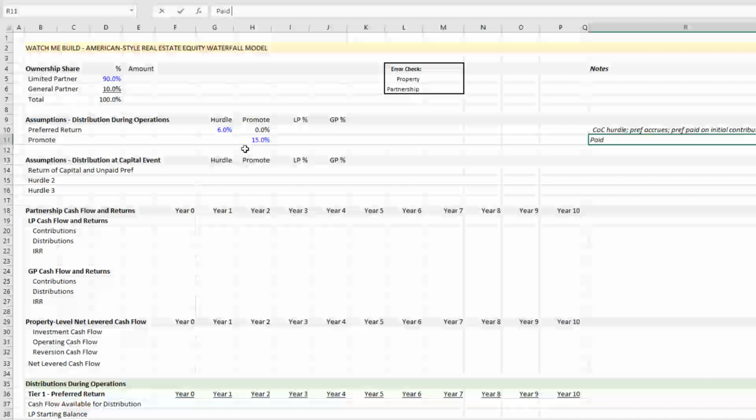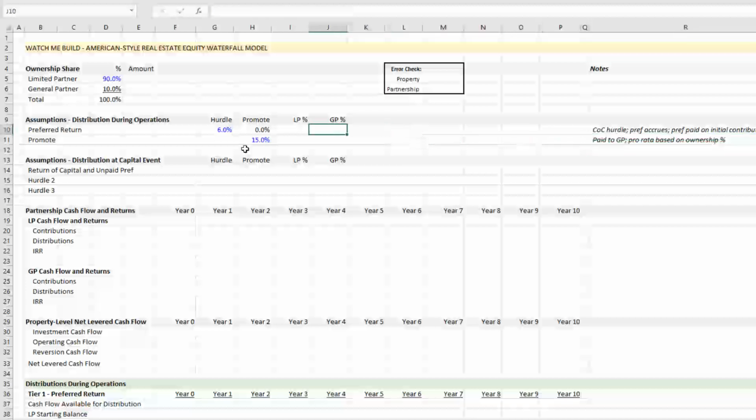That's obvious, but we'll say paid to GP. Next, we have the distribution percentage to each of the partners. And this is incredibly important to our calculations below. We will assume that any distributions are pro rata based on ownership percentage.